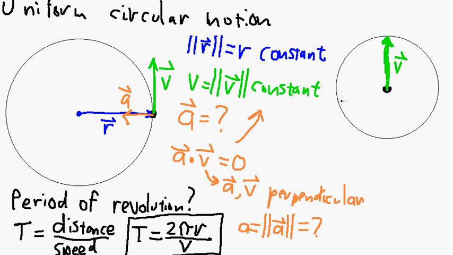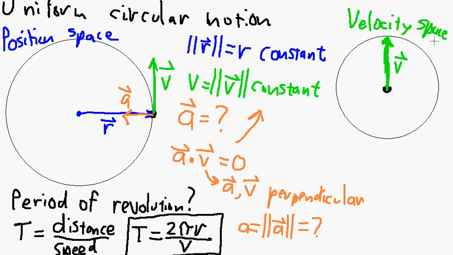We can think of this over here as what we call position space, and this over here on the right side is what we call velocity space. There are several different ways to find the acceleration, and they all involve using position space and velocity space.